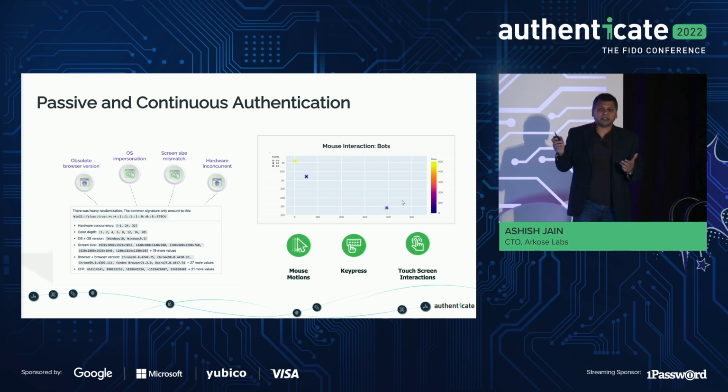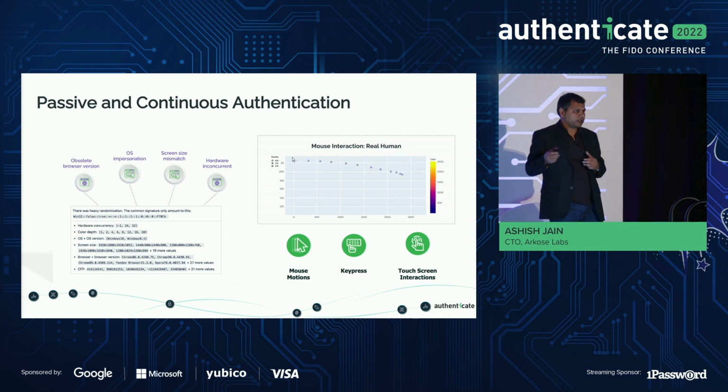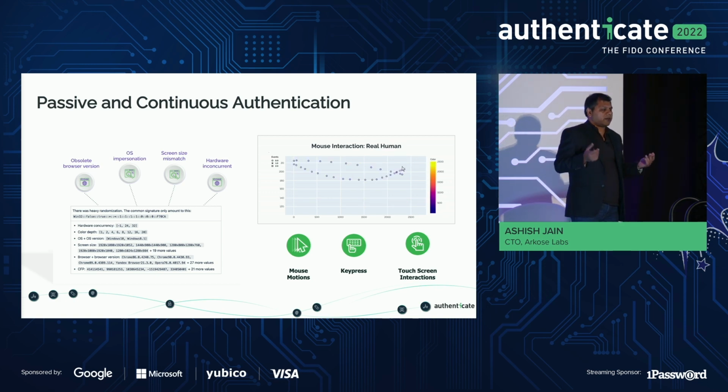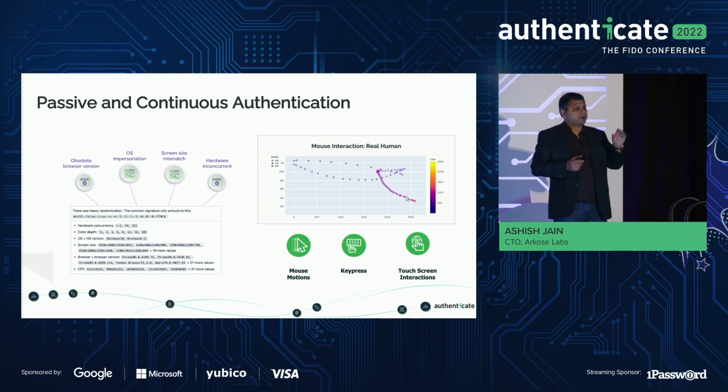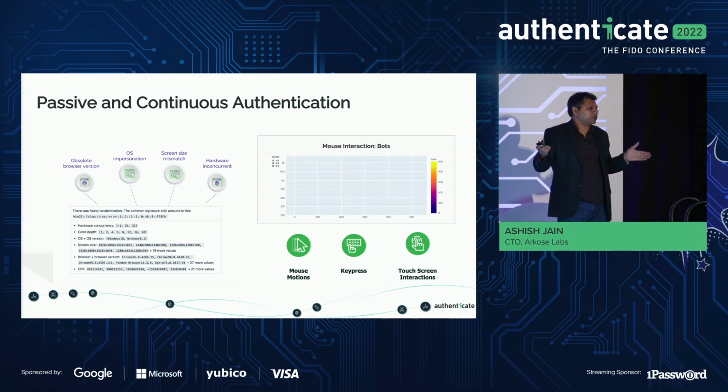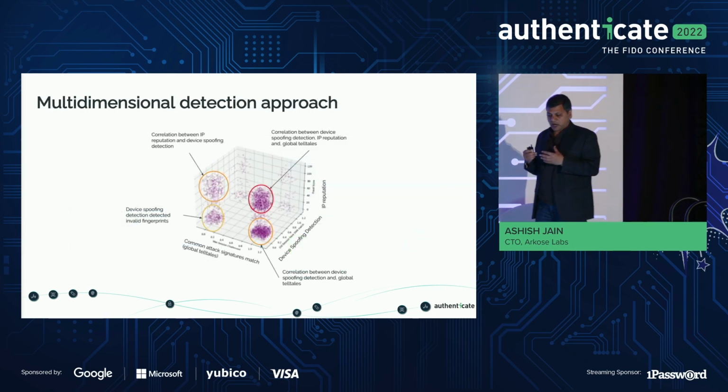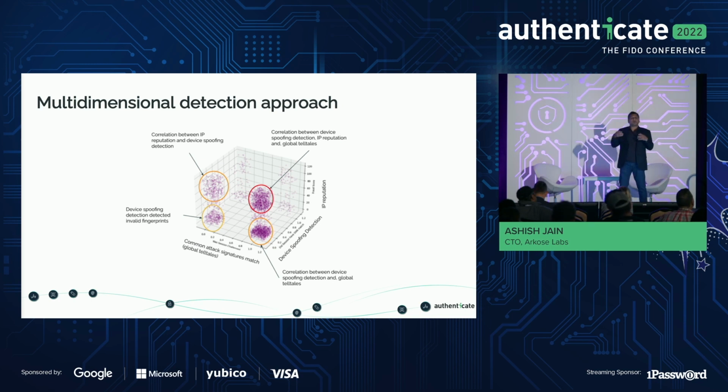The other common thing that you have seen is the behavior biometrics, which is how you do mouse movements, gestures, touch points. When I enter my phone number, I generally enter 3 digits, pause, and then the 4 digits. The moment you see all of them being entered at one time is an indication that something is wrong. So there are a bunch of passive signals, and if you take them into account and you're able to put them together and triangulate, on the x-axis, for instance, you see something like the common attack signature.